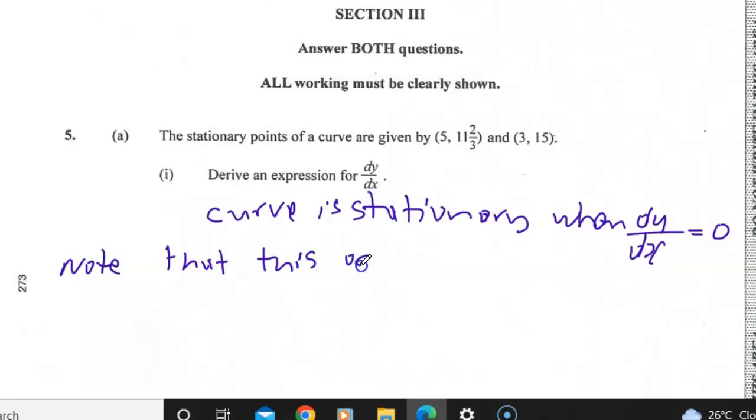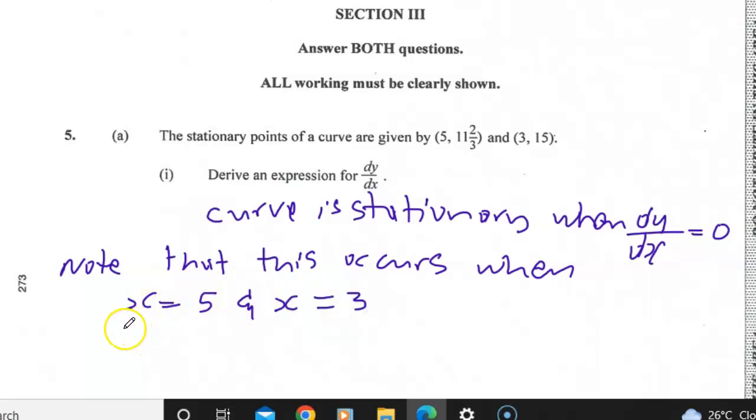Notice the x values: x equal to 5 and x equal to 3. So if I subtract 5 from both sides, it happens when x minus 5 is equal to 0, and when x minus 3 is equal to 0.